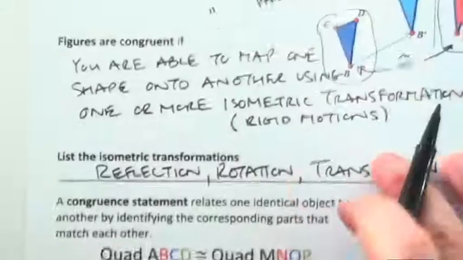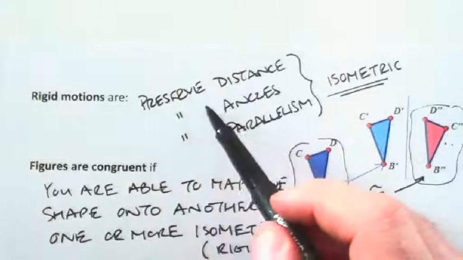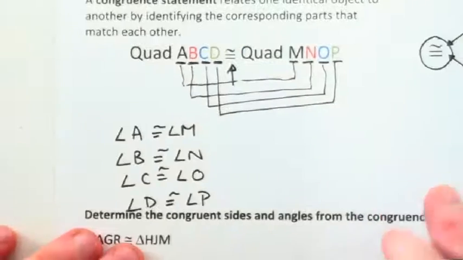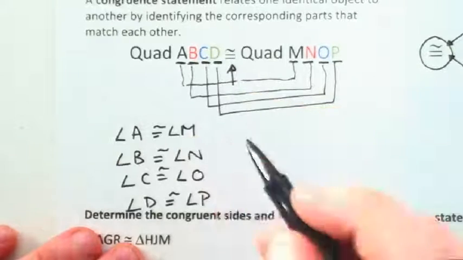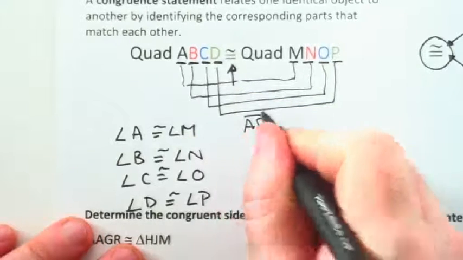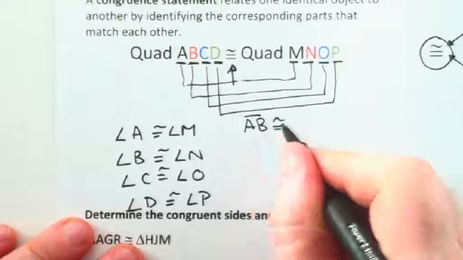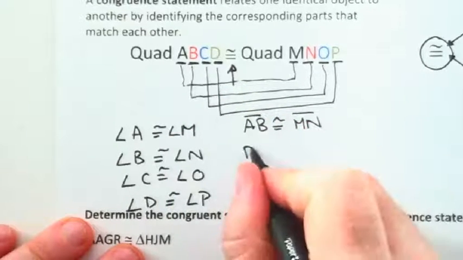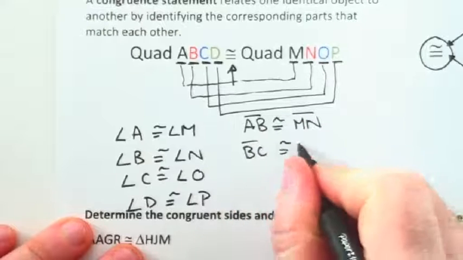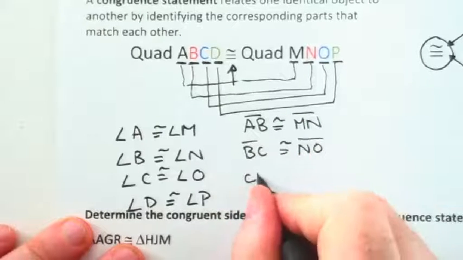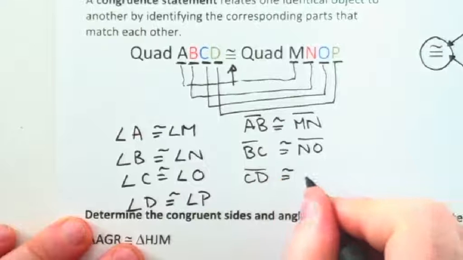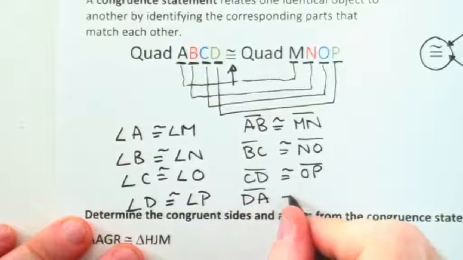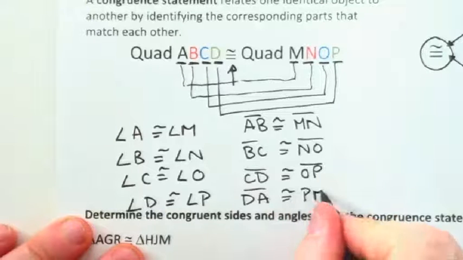Of course, we knew that because if we're doing rigid motions or isometric motions, angles are preserved. It's also true that lengths of sides are preserved. So the length AB, or that segment AB, will be identical to MN. See how I'm matching them up to their corresponding partners in the other group? So it is telling you that the order that you write a name in of a quadrilateral or of a triangle matters greatly. That's how we know who corresponds to who.